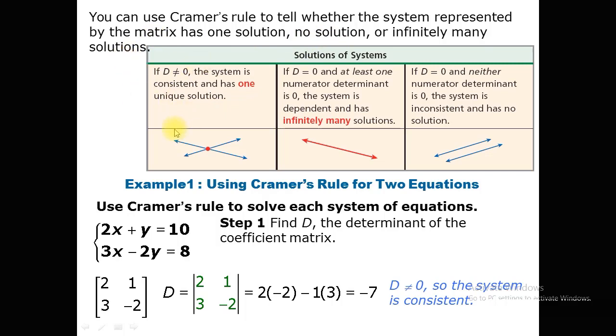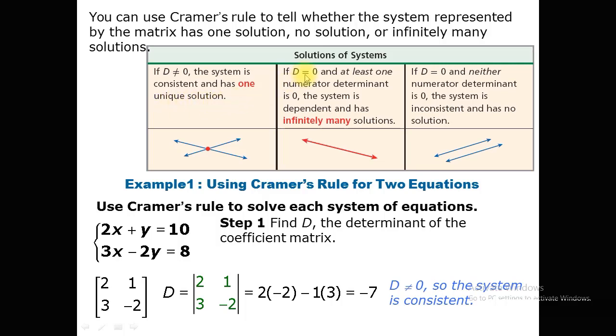In Cramer's rule, dear students, note that D is the determinant of the coefficient matrix. If the determinant of the coefficient matrix does not equal 0, then the system is consistent and has one unique solution.